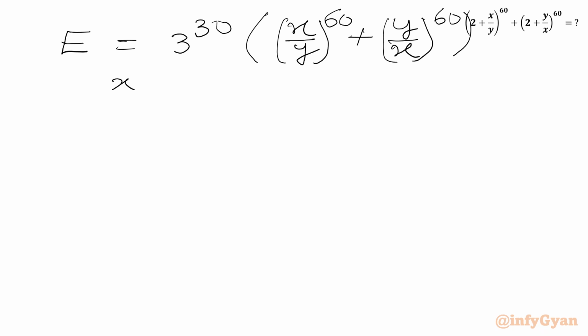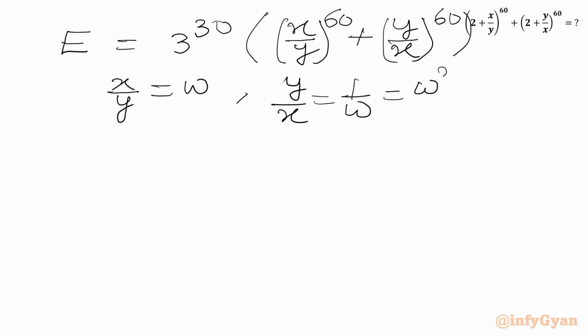Now I will consider x over y equal to omega. Then we can write y over x will be 1 over omega, which is equal to omega square over omega cube. Now omega cube is 1, so we can write omega square.